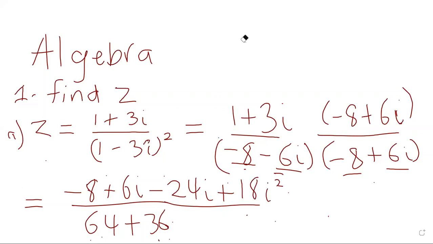You can be lazy, and instead of writing i squared, you will know that this is i squared, so I'll just make it negative. But it's too hard to be thinking about it every time, and you might forget. That's why it's safe to do everything normally. And then you know that this side is i squared, so we are just going to make it negative.